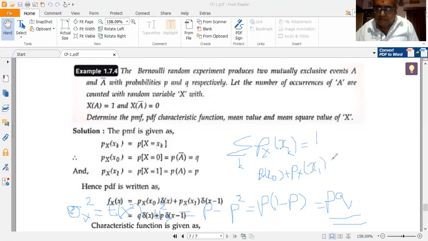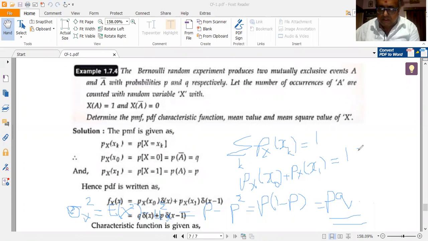Please note, I am writing this using mouse. So it's very difficult to write mathematical expressions using mouse. Let me write it properly. This is Px of x naught plus Px of x1 is equal to 1.